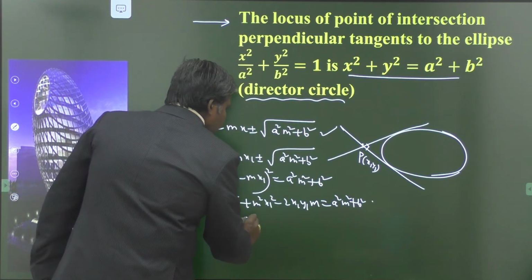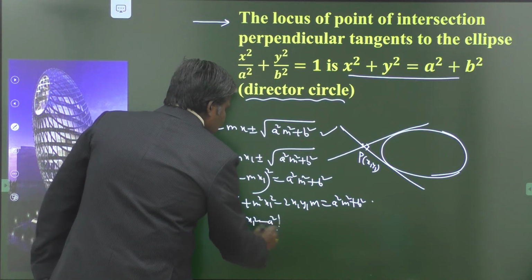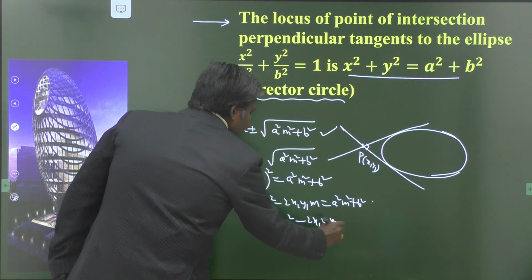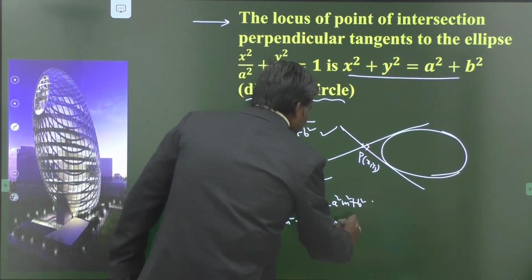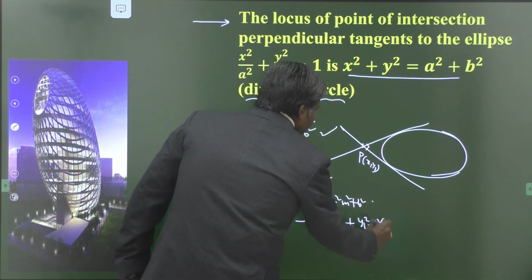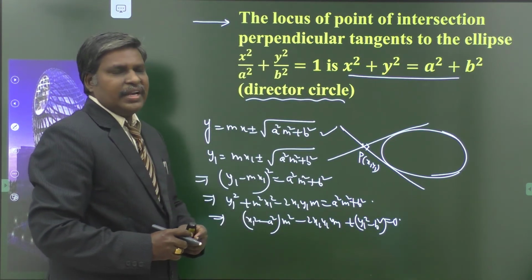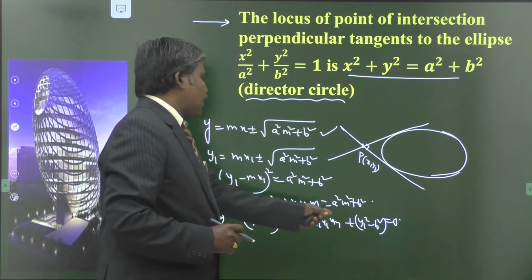This implies (x1 square minus a square) m square minus 2 x1 y1 m plus (y1 square minus b square) equals 0. It is a quadratic equation in m. It has two roots, say m1, m2.